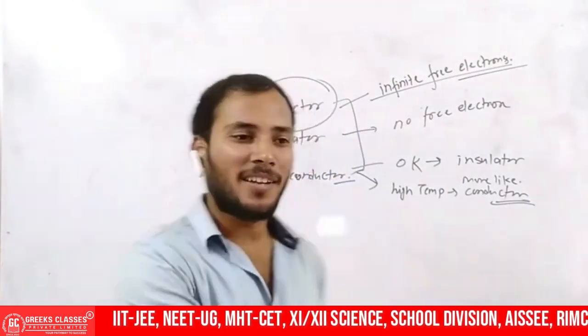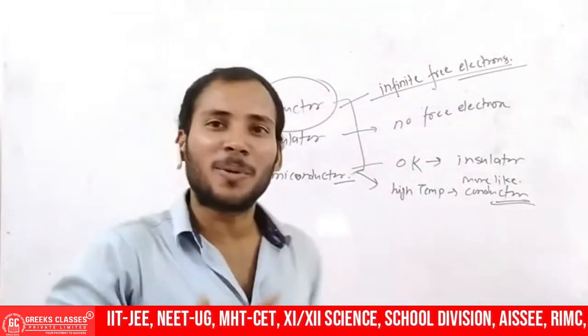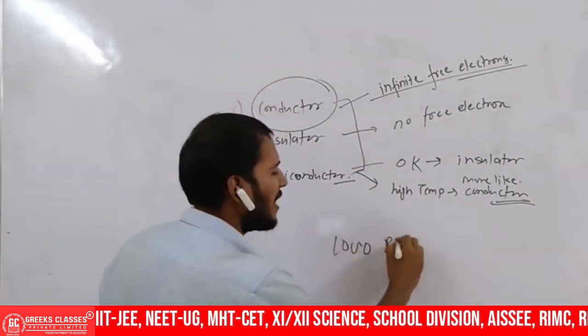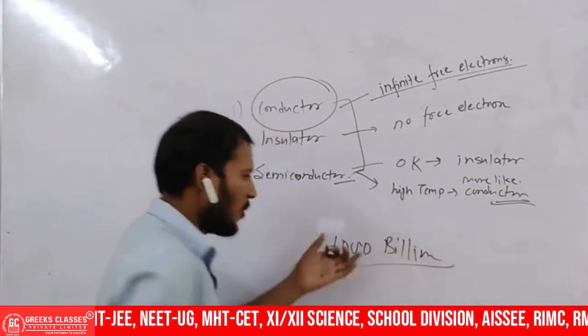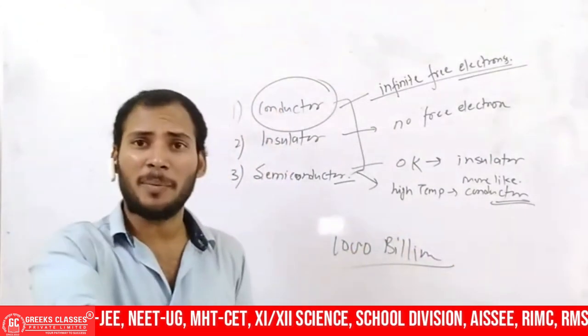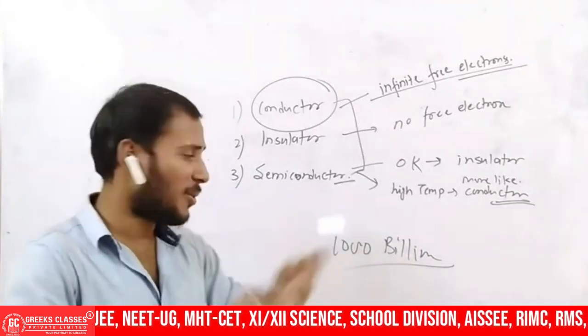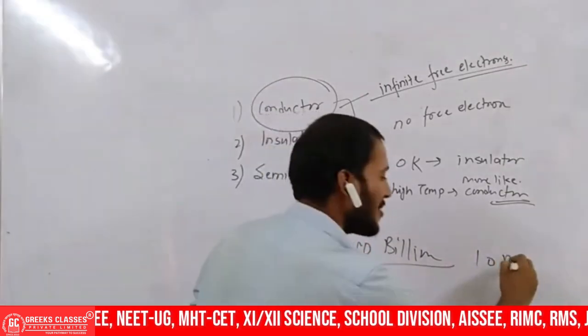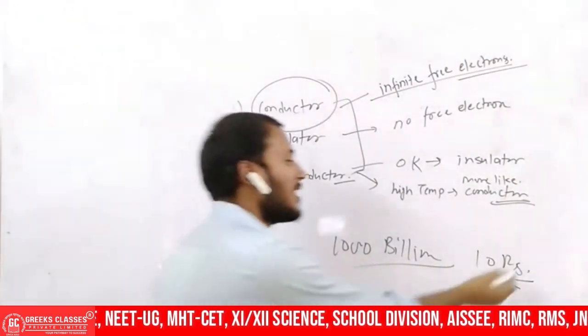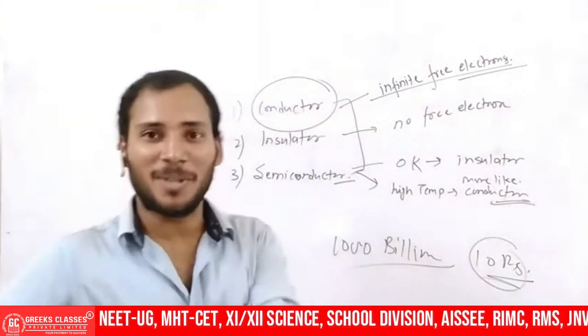A child goes and takes a note, let's say a 10 rupees note. There is 10 billion, 100 billion, 1000 billion. Will the owner of 1000 billion rupees ask, hey boy, you can't pick up this 10 rupees note? No, he won't. 10 rupees is nothing in front of this 1000 billion rupees. So you just pick it up and go.